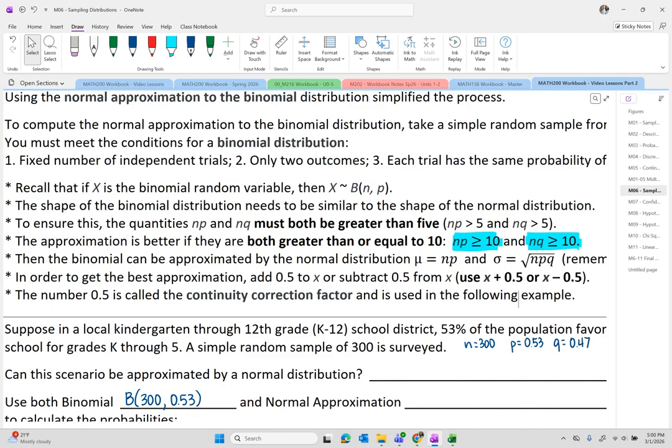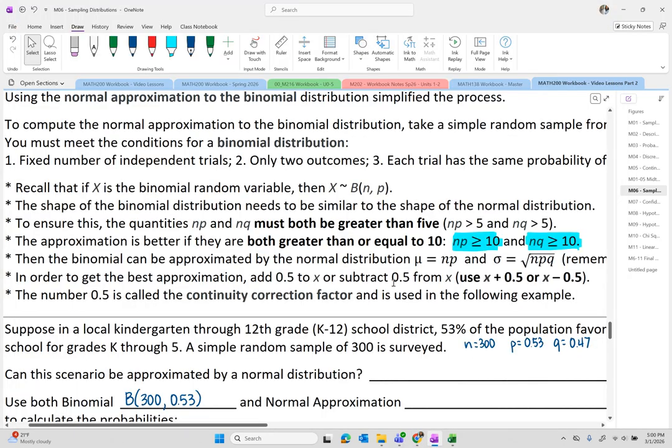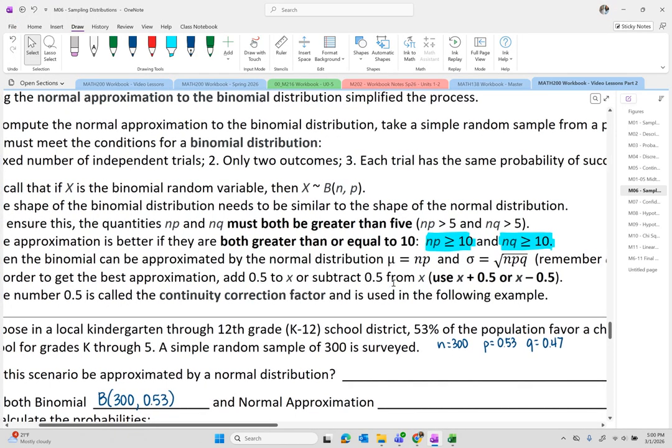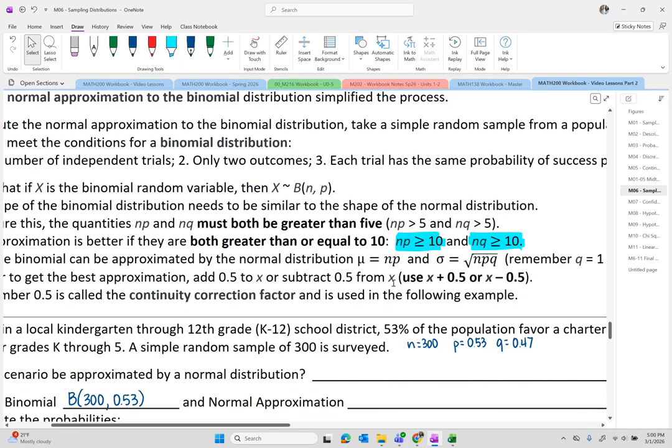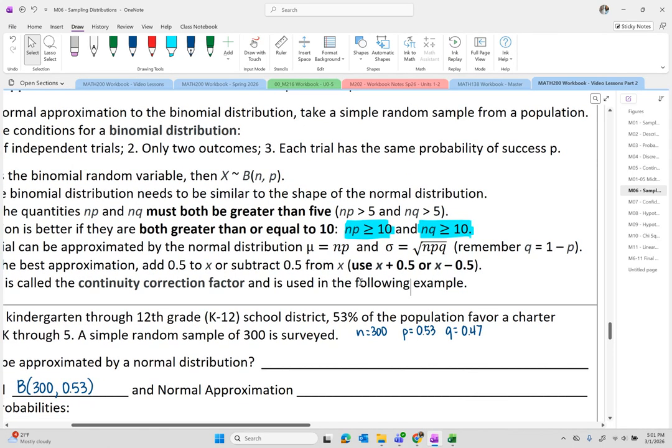to 10. And if you remember from our formula packet for the midterm exam, a binomial distribution has a mean of n times p and a standard deviation of the square root of n times p times q. If that is the case, then your binomial can be approximated by a normal distribution that has the mean of your binomial distribution, and standard deviation, the standard deviation of your binomial distribution.